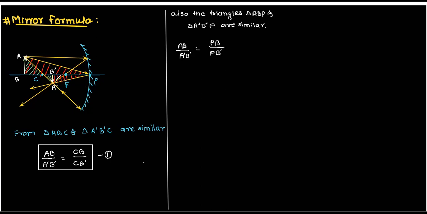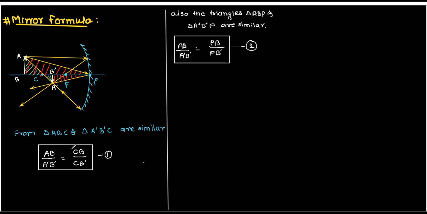This by this is equal to this by this. Right? Okay. So let us call this equation number 2. So this is our equation number 2. We just have to take two triangles and then everything is fine.